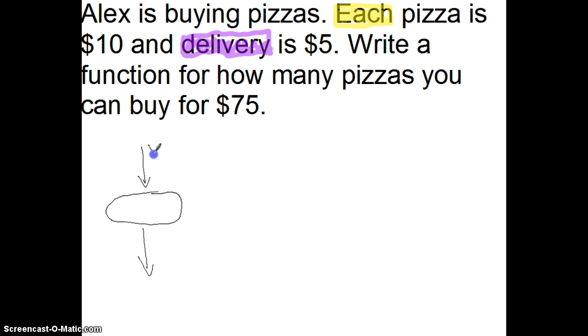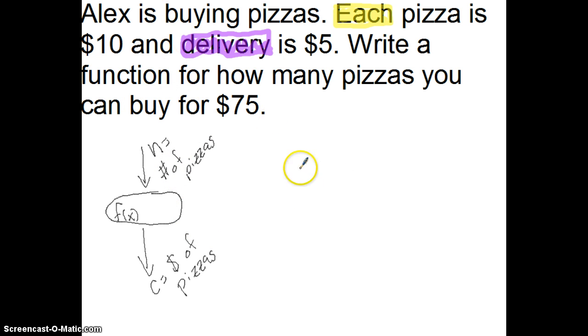So I'm going to put n to be the number of pizzas, and then my function f of x is going to be returning, let's say, c, the cost of the pizzas. So I'm going to put the number of pizzas in, and the more pizzas I buy, the more it's going to cost. So let's write our function.